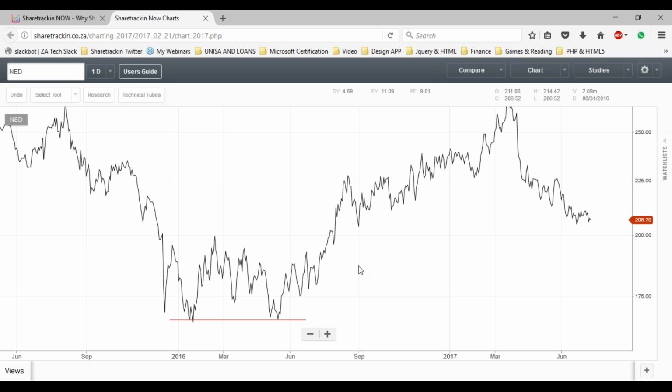Now, a little thing about the stop loss and why you should sell out: you would tend to sell out when you thought that your purchase time was wrong, so your timing was wrong. Or maybe you selected the wrong share to buy at the wrong time. You bought a share which in this season is going down because it might be a cyclical share, right? It moves based upon the seasons within a year.